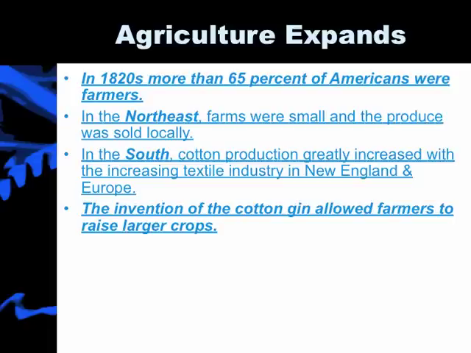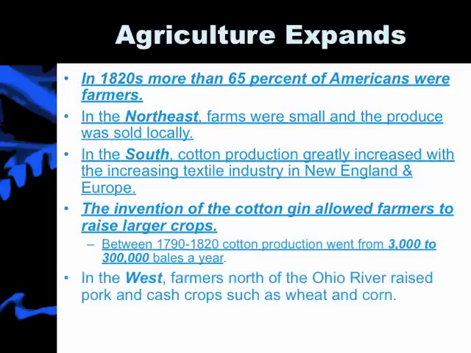With all the new textile mills popping up and their need for more cotton, the demand for cotton is very, very high. The invention of the cotton gin allowed farmers to raise larger crops, and they are going to be able to fill the demand that the Northeast is asking for.